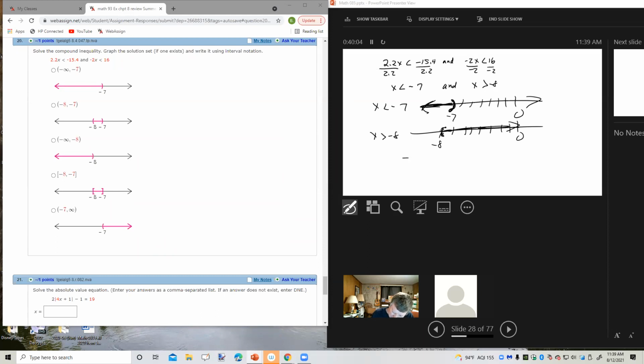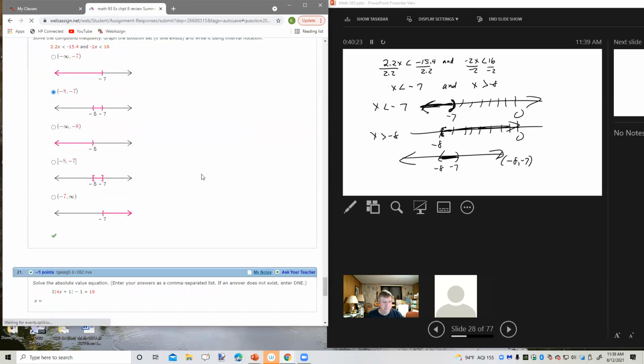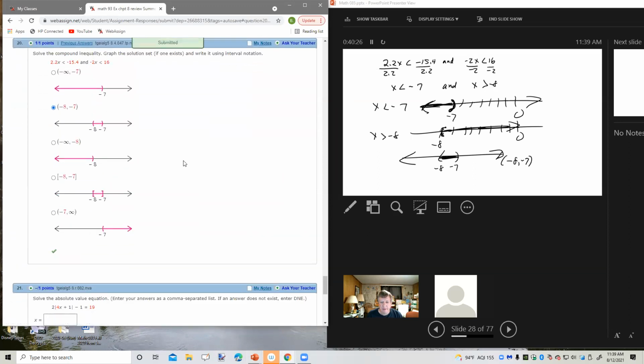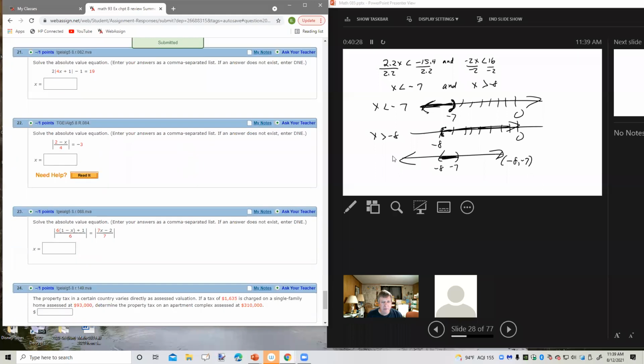So the intersection would be that, and interval notation would look like that. Okay. So it looks to me like it's this one right here. All right, moving on.